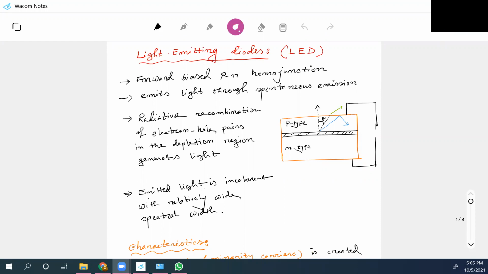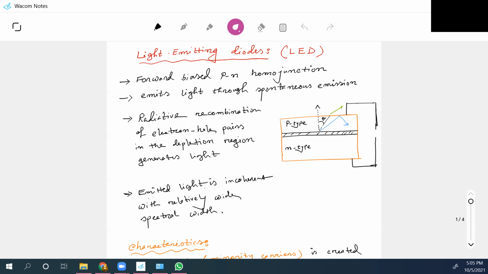Today, our lecture is on LED. This is the continuation of our previous lecture, which is laser. That is chapter 3 in our reference book of Agrawal.